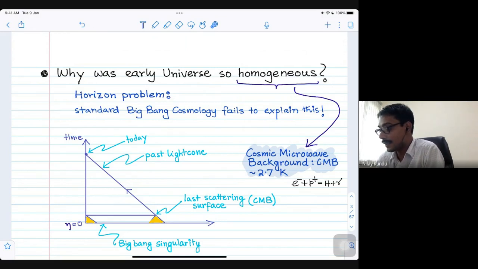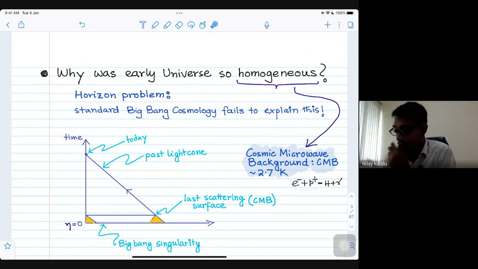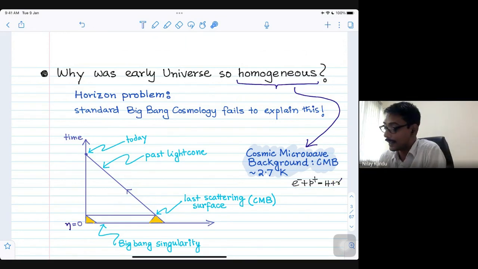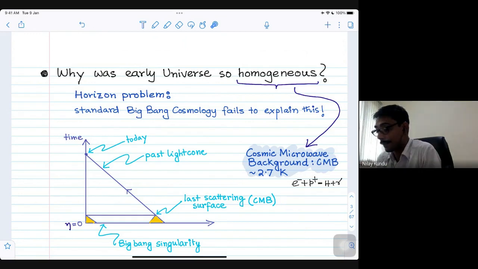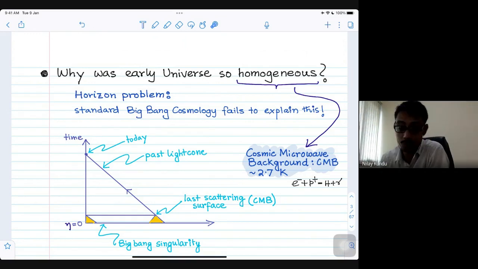At some point, the photons which were created in this reaction started free streaming, and at that moment the cosmic microwave background originated, something like 30 years after the Big Bang, and since then it has been free streaming to us.